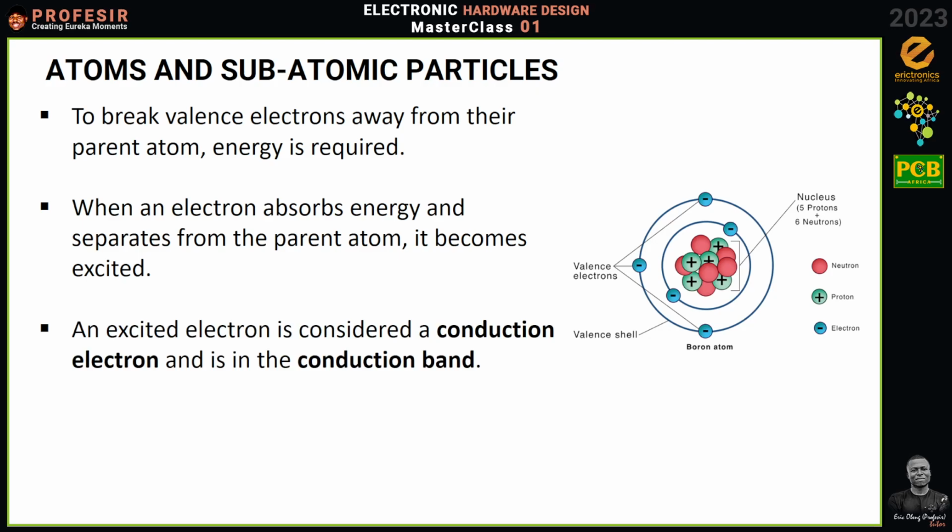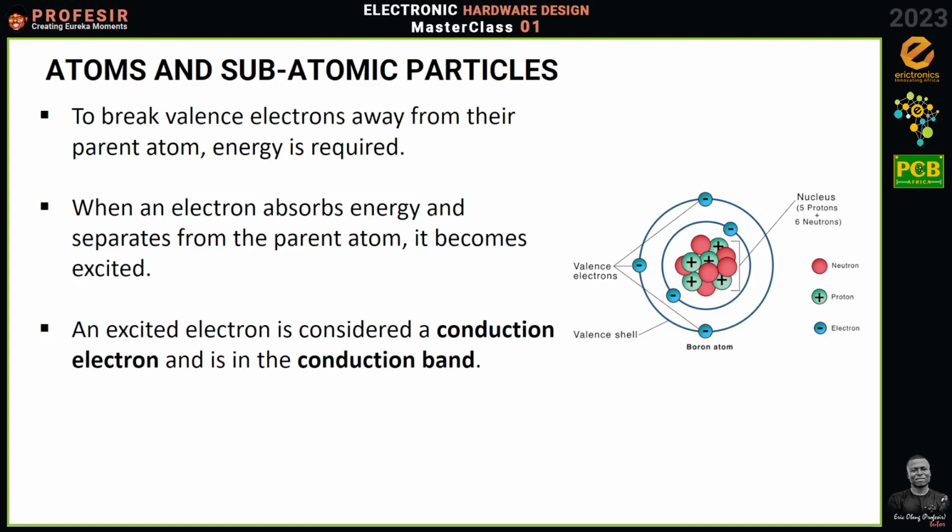Now, when it disconnects itself, in physics terminology we say that it has moved into the conduction band. Take note, it was first in the valence shell, where it was bound to the parent atom.